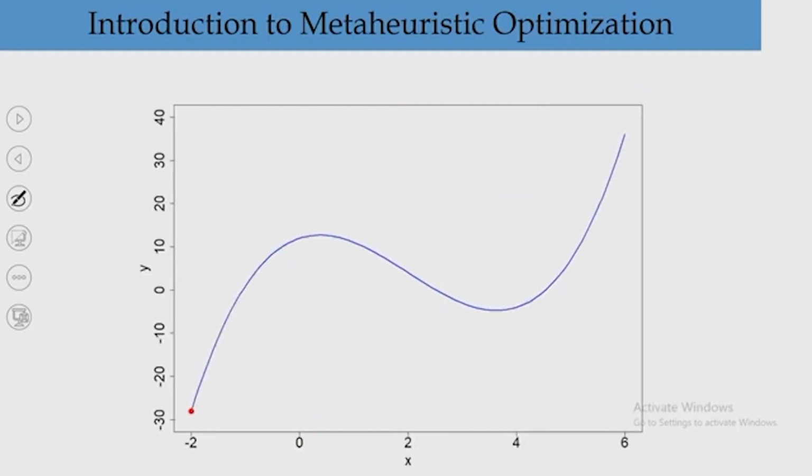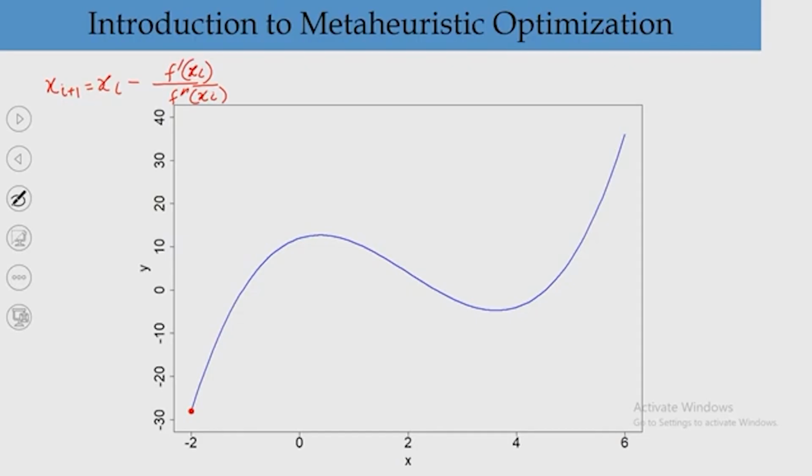Now, let us apply the Newton-Raphson method. In the case of the Newton-Raphson method, we are applying this equation, that is x_{i+1} is equal to x_i minus the first derivative at x_i divided by the second derivative at x_i, to get the optimal solution of this function.